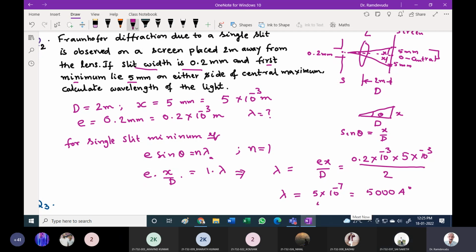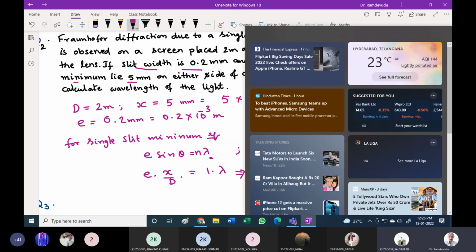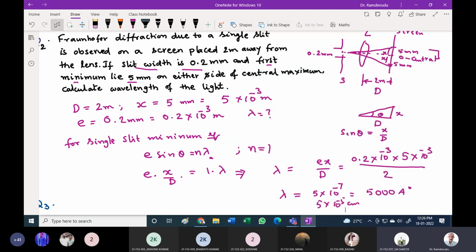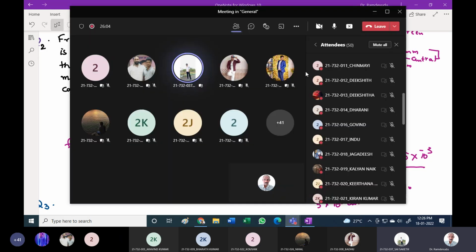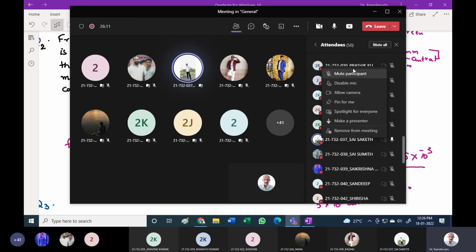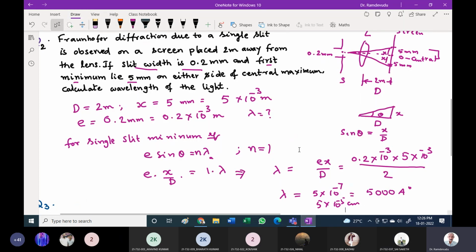Or you're getting 5 into 10 to the power minus 5 centimeter. So you will get this answer.